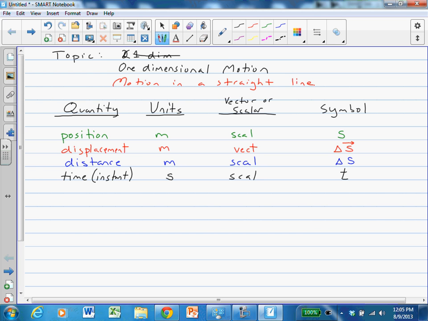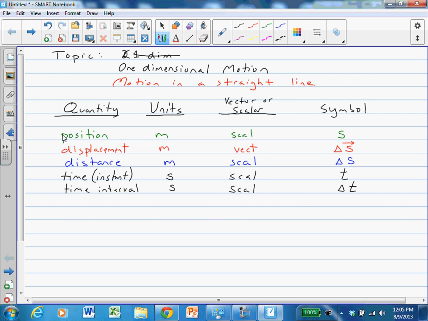A time interval, an amount of time, is also measured in seconds, also is a scalar, and it's recorded as delta t. Remember, the delta means change or an interval.